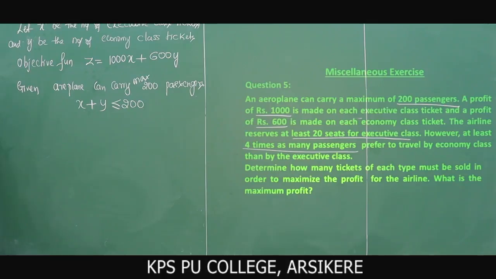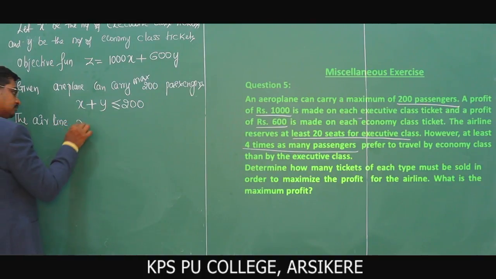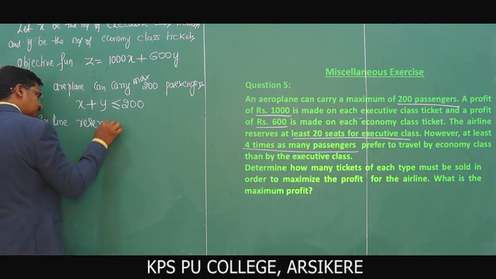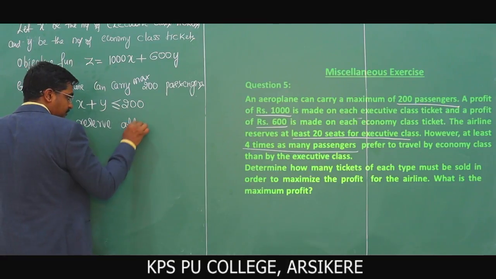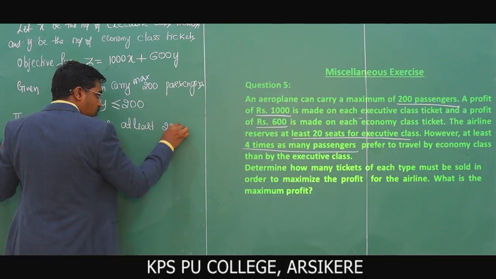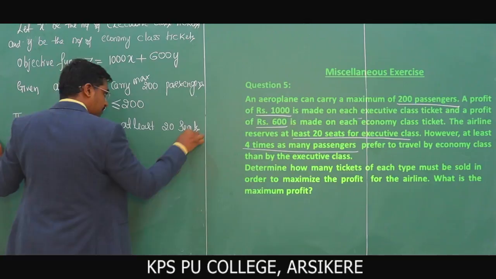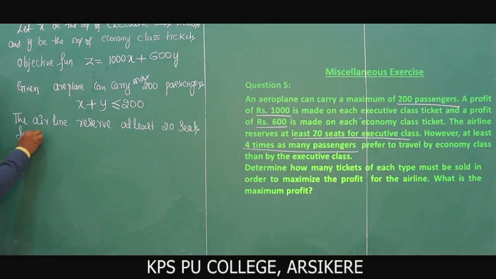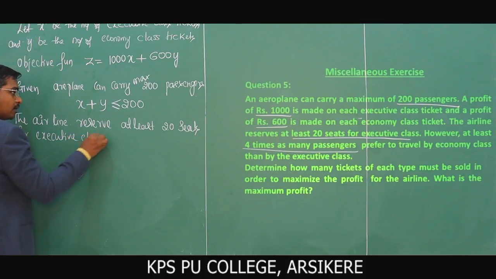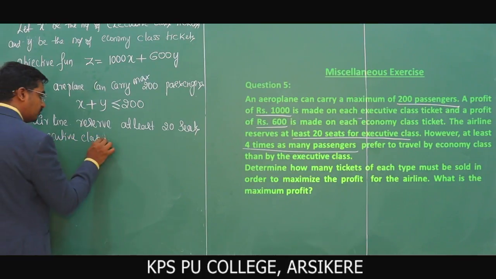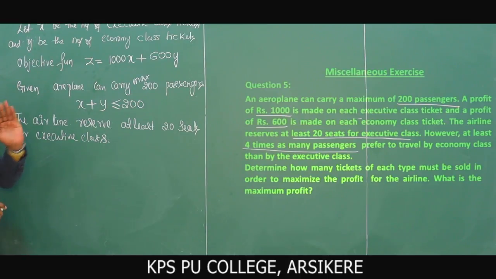Okay. Second thing. What is the second thing here? The airline reserves at least 20 seats for executive class. For executive class, at least 20 units.